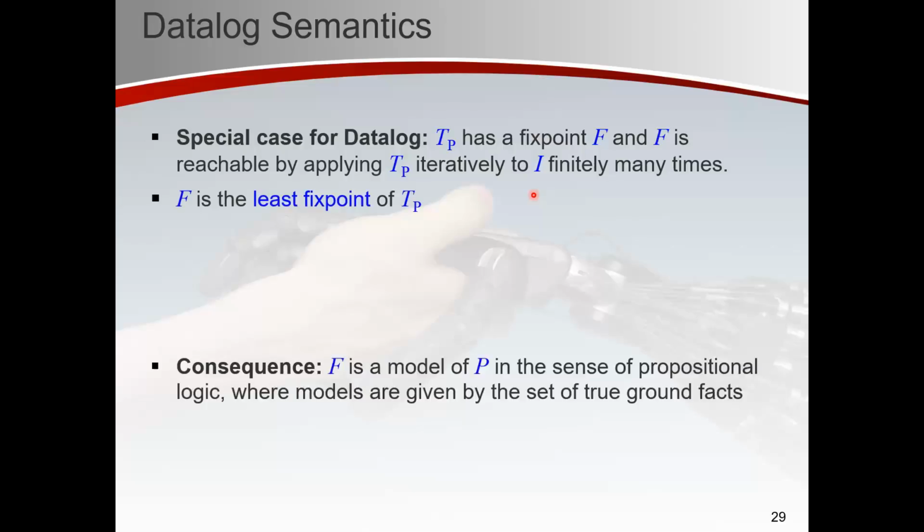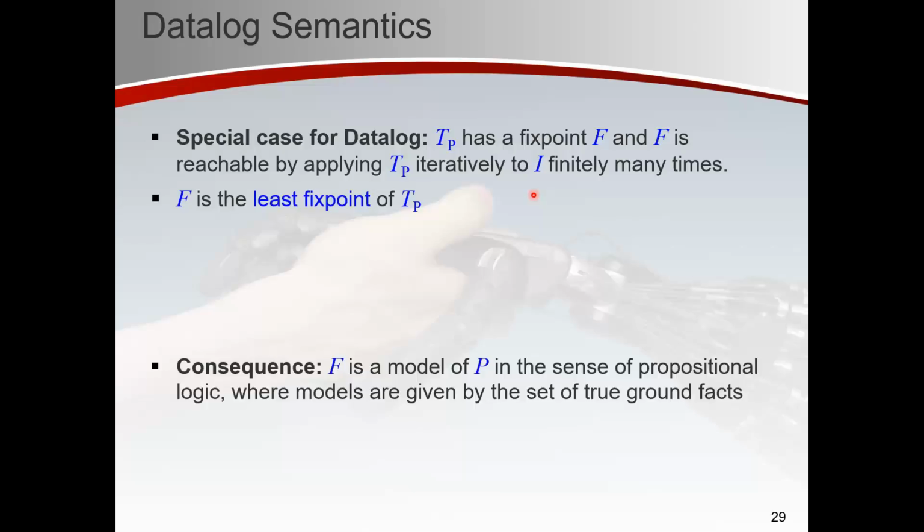So f is the least fixed point of this TP. The consequence of this is that f is a model of P from formal semantics. Model means that we have values for all the variables and facts and relations that fulfill all the rules given in the program. F is a model of P in the sense of propositional logic.